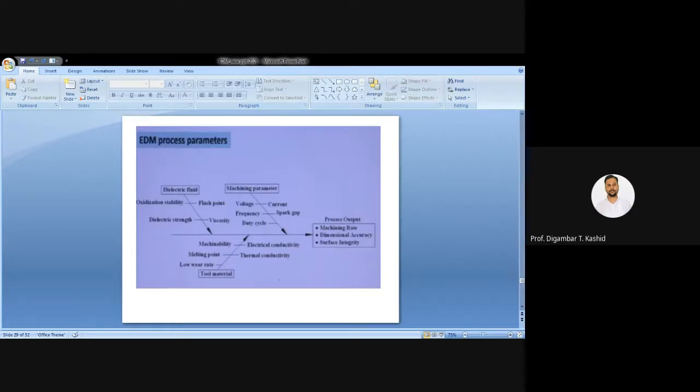For more information you can go through that. There is one more point related to how your dielectric fluid contaminant, that means dielectric pollution, affects the performance. That also you will get in that book.